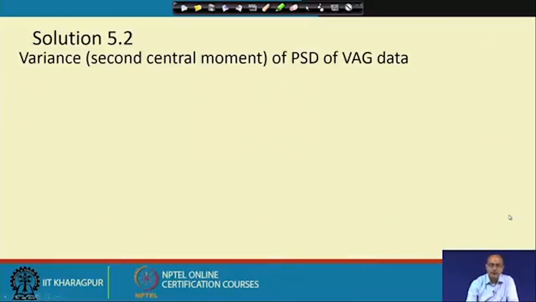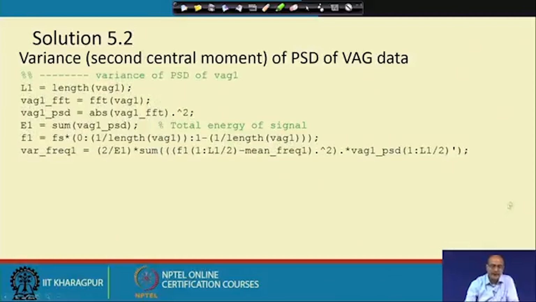Now, let us proceed to get the variance of the signal, okay, or we can say the second central moment. Here is the equation we get, that first we start with VAG1.